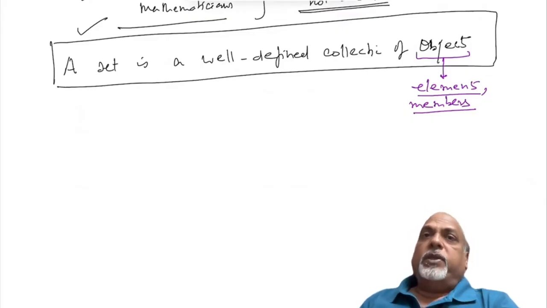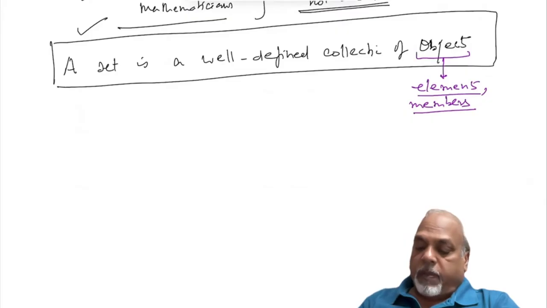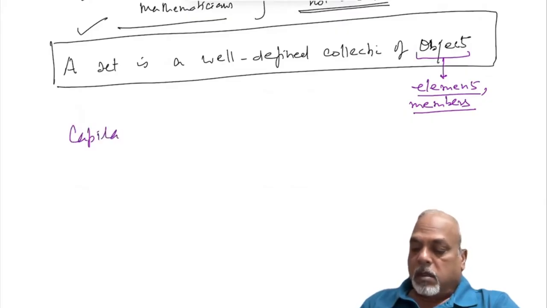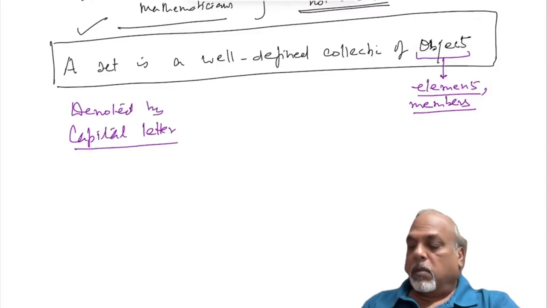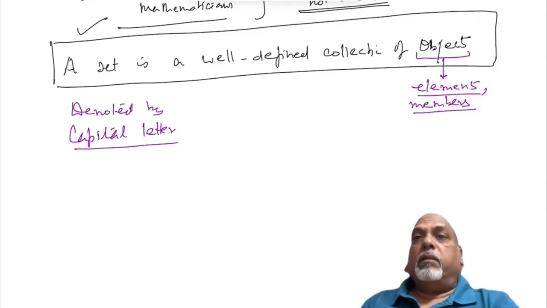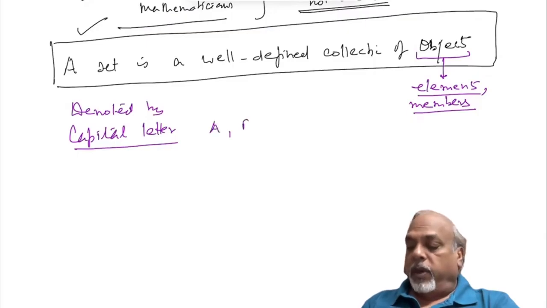A set is usually denoted by a capital letter, that is A, B, C, D, like that.